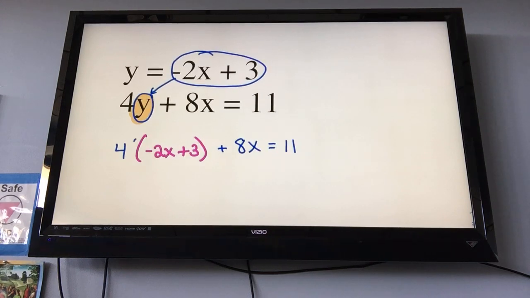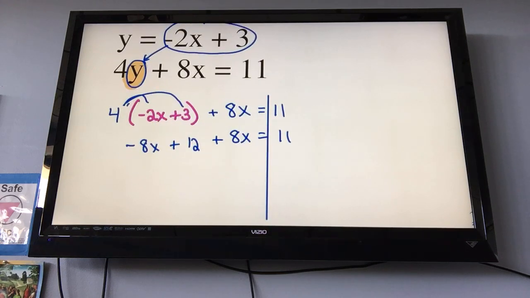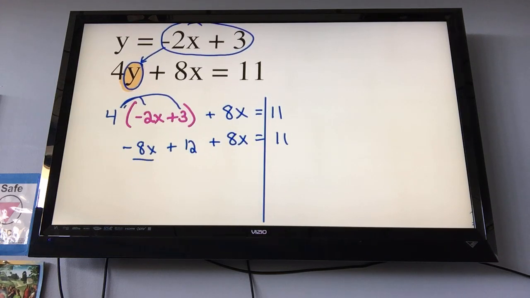And I distribute. -8x plus 12, and then bring down plus 8x equals 11. Combine your x's, and they cancel out, and I end up with 12 equals 11.